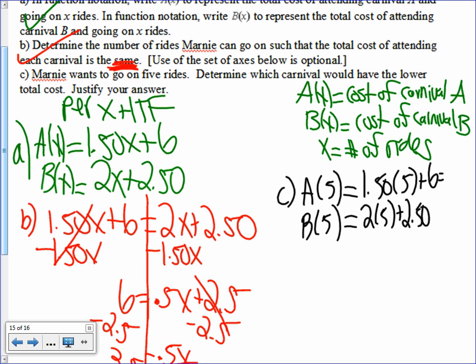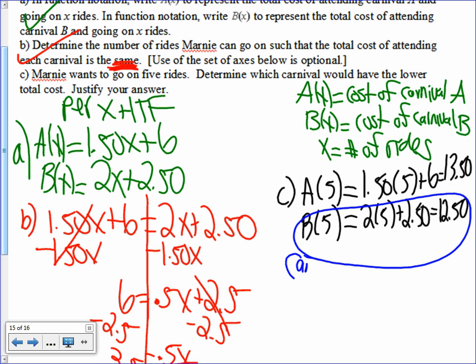Put each one into the calculator. When I did that, I got 13.50 for A, and I got 12.50 for B. So if you don't like to spend money necessarily, you should have picked Carnival B. Carnival B is less expensive.